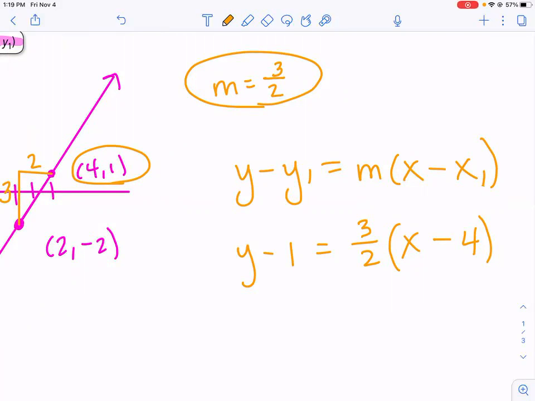This is where we replace our point. So x1, y1, I put in 4, 1. Oh, why wouldn't I use the other one? Doesn't matter. No. So let me show you.